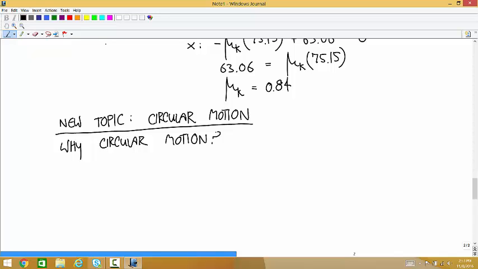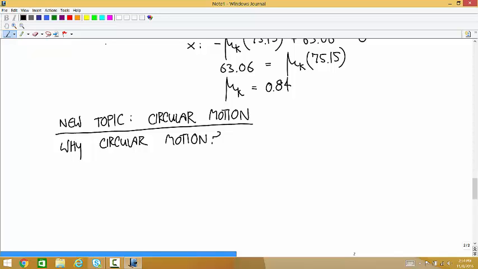Or there's all these different cool ways a thing could move. Are we going to do all of them? No. So why bother with circular? Why single that out? What's so great about circular motion? Because it's constant. Yes, that is really kind of why.